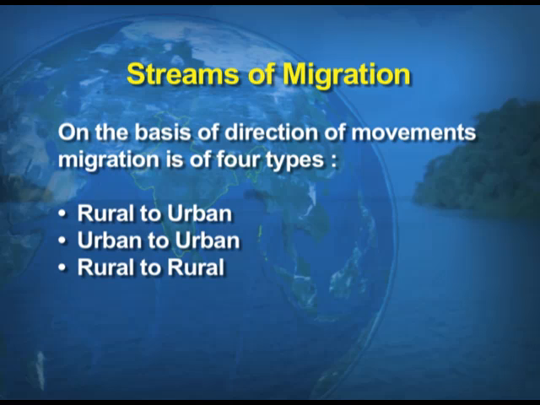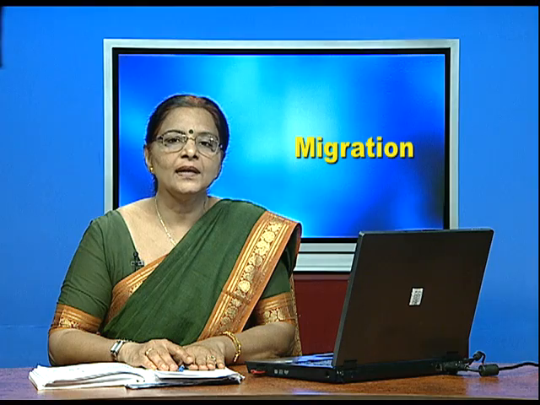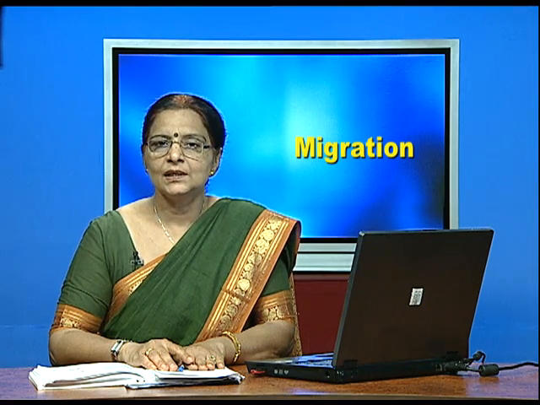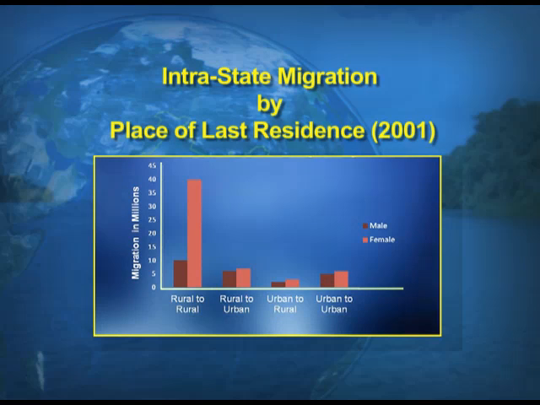Number 3, when people migrate from rural area to rural area, that is the 3rd stream of migration. And lastly, migration from urban to rural areas, which is not very common in India. You can have a visual of the bar diagram stating the intra-state migration by the place of last residence, and these statistics are on the basis of the census 2001.